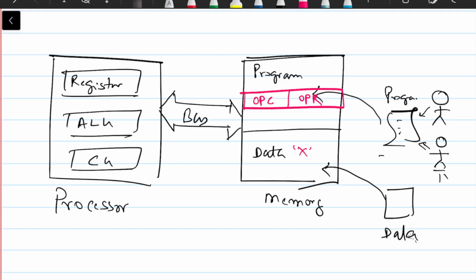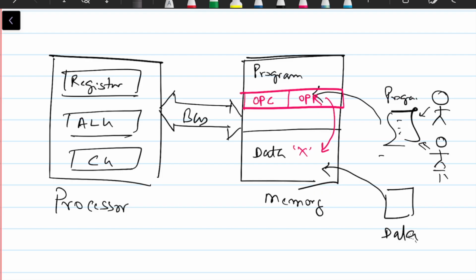For example, if I want to do addition, then add could be an opcode. Operand would be the data on which the operation is applied. So if I want to add 5 and 6, then add is the opcode and 5 and 6 are the operands. These operands are usually kept in the data block and referred in the operand section.